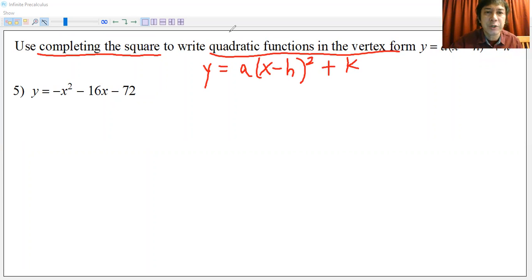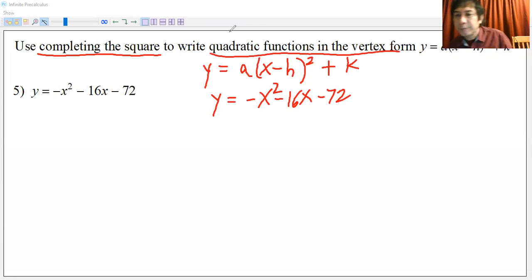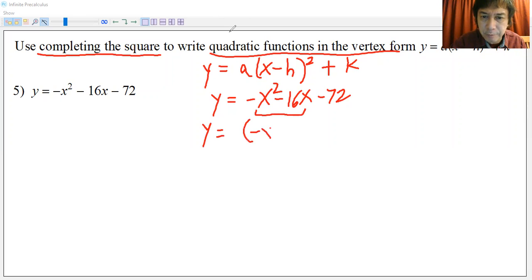All right, so we will start with the given. y is equal to negative x squared minus 16x minus 72. To start with, we'll be using the first two terms, the squared and the first degree x. Okay, we put it in a parenthesis, negative x squared, negative 16x, and then we still have the minus 72.